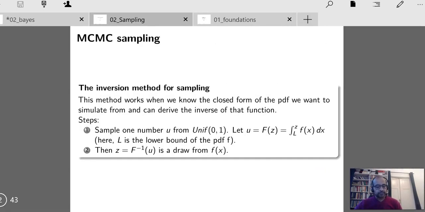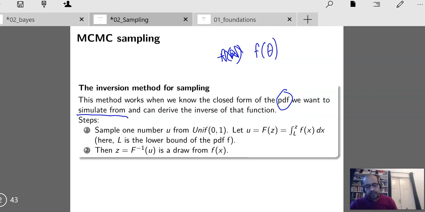Okay, so the simplest method for obtaining samples from a posterior distribution is to take the PDF of the posterior and then simulate from it in the following way. What's given to us is the PDF of some posterior distribution. Maybe I should write it like this: f of theta.